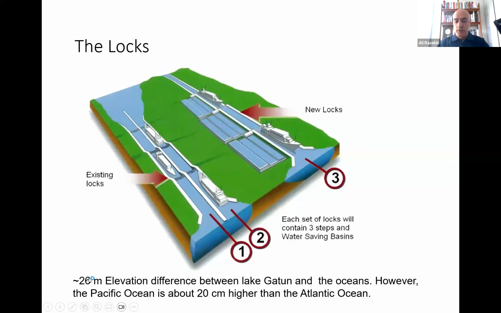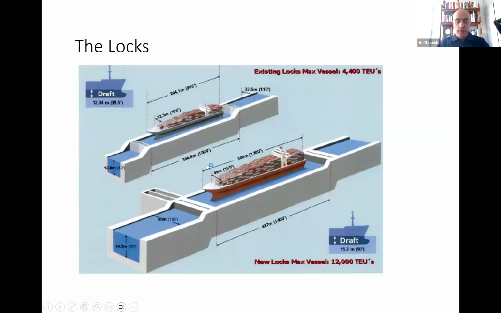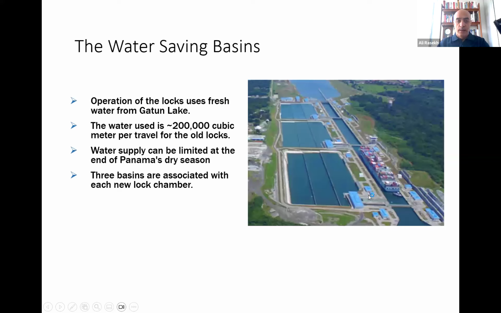Here I indicated the 26 meters elevation difference. That's where these lock systems help with pulling the ships up or bringing them back down to the ocean level. Again, another picture on the sizes. The new one is bigger than the original lock system.